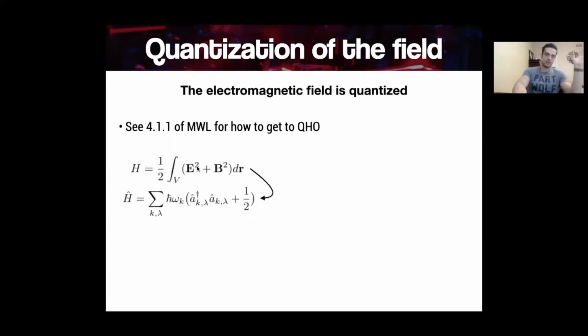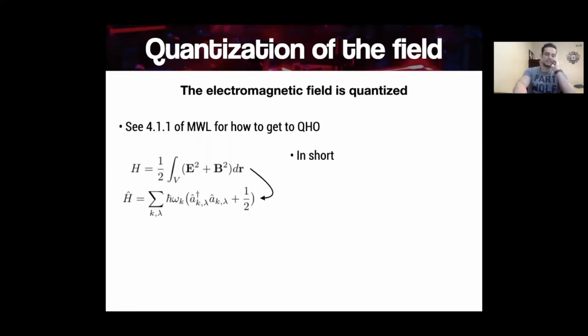So essentially, how do you get from this Hamiltonian, which you have likely seen in some electricity and magnetism course, to this Hamiltonian here? This Hamiltonian is quite familiar, thinking back to chapter 2 of the text and the early lectures where we looked at the harmonic oscillator. This is just a sum of different quantum harmonic oscillators.